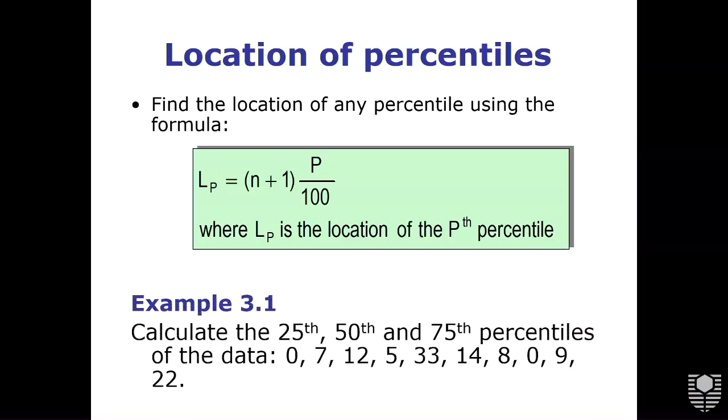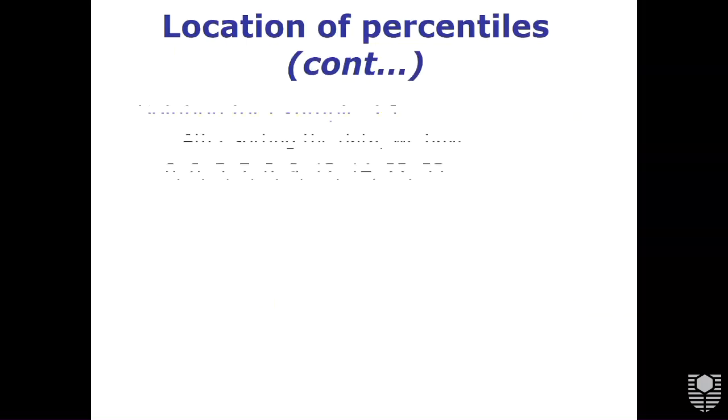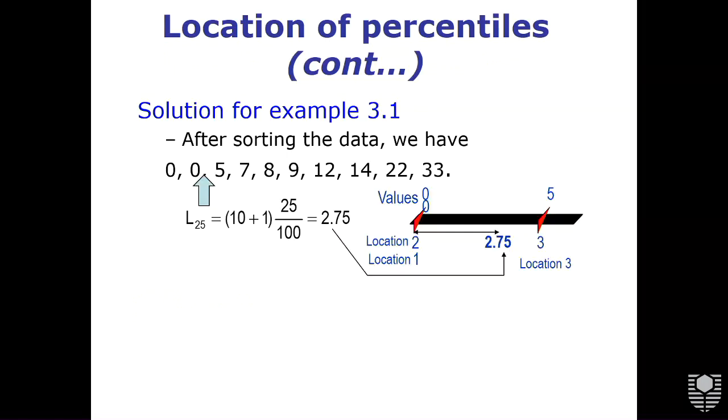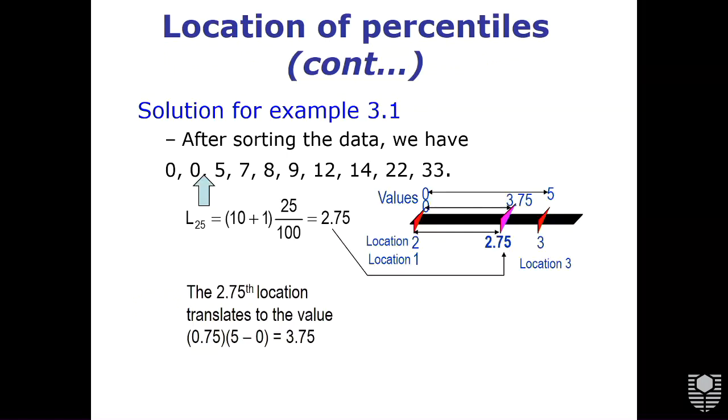So an example here: calculate the 25th, 50th and 75th percentiles from this data. They give us data, and they ask to report the 3 types of percentiles. How to do that? This is the values they give to us in the question, right? First step, you have to sort it from smallest to highest.